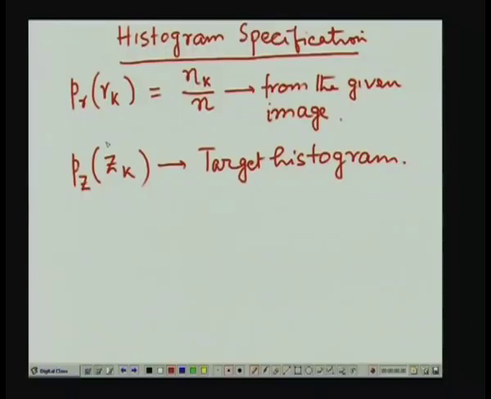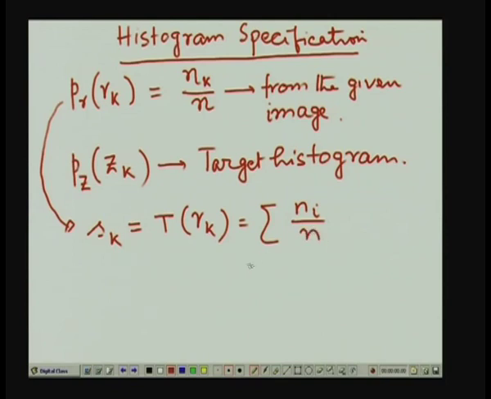So, in histogram specification the process is done in this manner. Firstly, using PR(Rk), you find the transformation function corresponding to equalization, and that transformation function, as we have seen earlier, is given by Sk equal to T of Rk, which is the sum of Ni by n, where i varies from 0 to k, and which is obviously equal to the sum of PR(Ri), i varying from 0 to k.